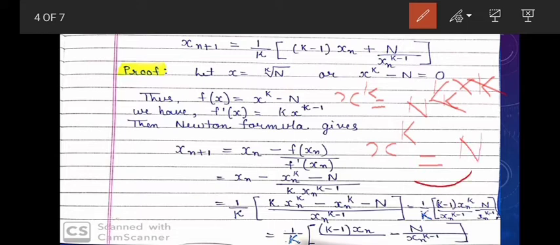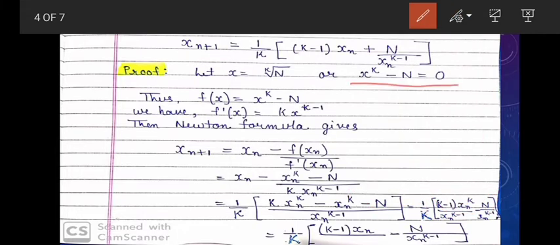If it comes to this side, it becomes x to the power k minus n equal to 0. This way we have got this equation, x to the power k minus n equal to 0. Now f(x) is this, f dash x is k x to the power k minus 1.